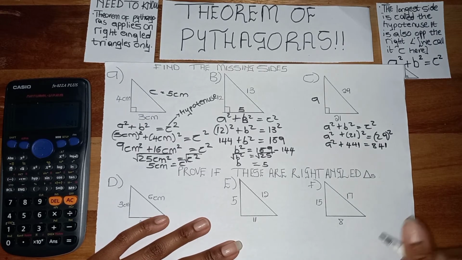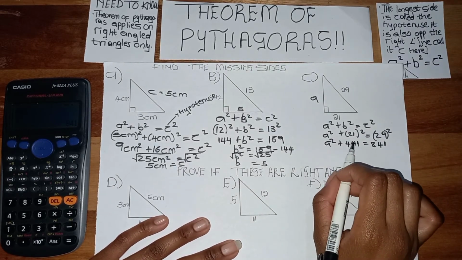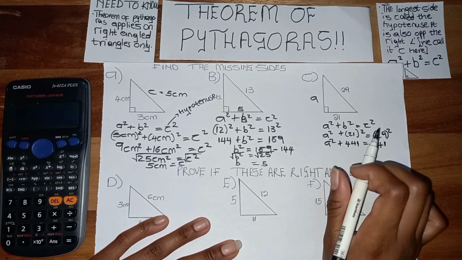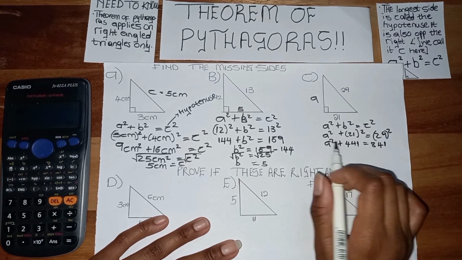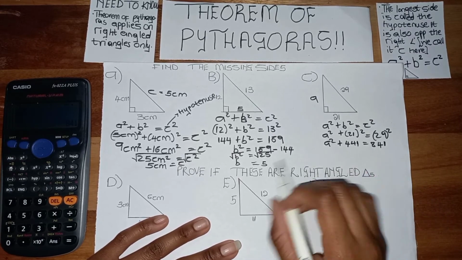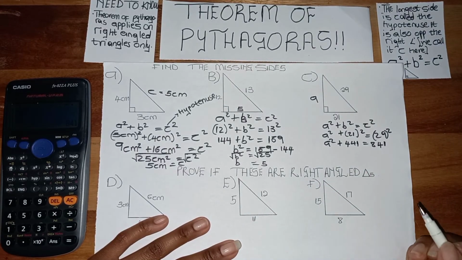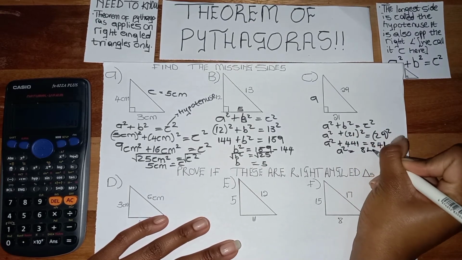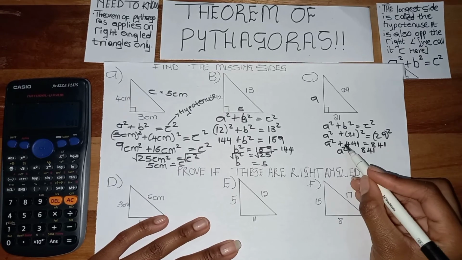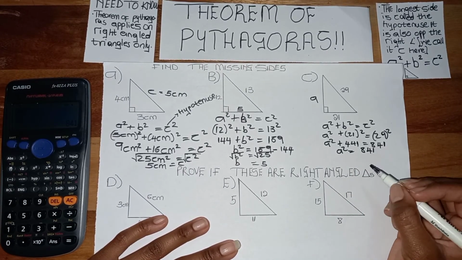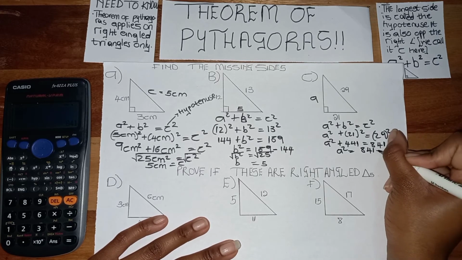So now you're going to say, I don't want this 441 this side because I want to be left with a squared only so that I can solve for a. So you have to remove this 441 from this side and take it to the other side of the equation. So you're going to write your a squared equals 841, and if it's positive this side, when it goes to the other side of the equation, it has to change and become negative.